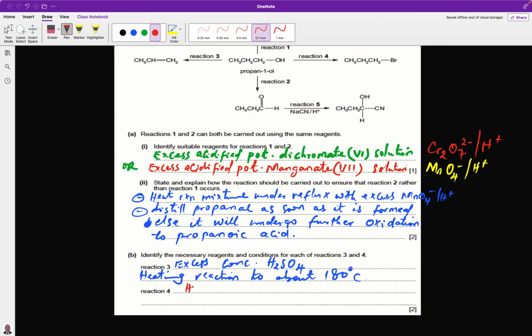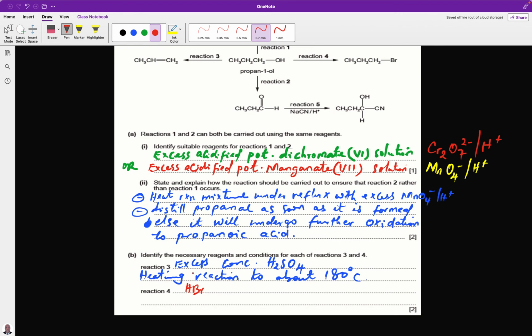Hydrogen bromide. You can also take it from some phosphorus halide, using phosphorus pentabromide, phosphorus tribromide, other things like that. But in this case, we have decided to use hydrogen bromide as our reagent. Then secondly, what are the conditions?